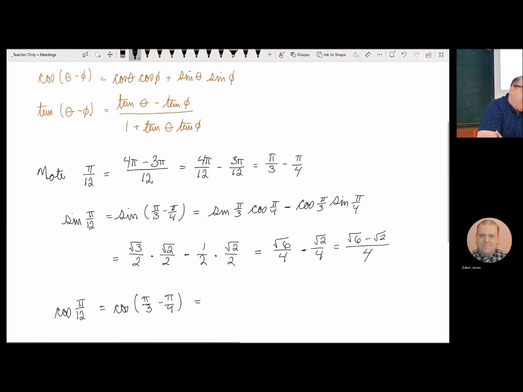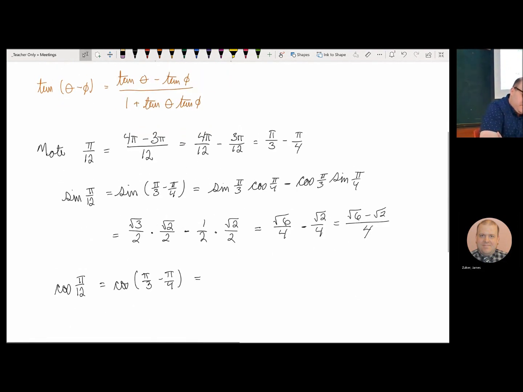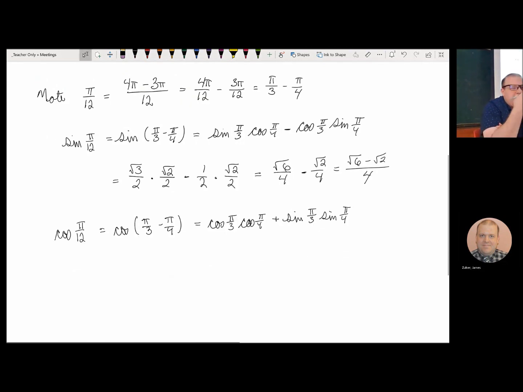So using the cosine difference identity: cosine of pi over 3 times cosine of pi over 4 plus sine of pi over 3 times sine of pi over 4. Cosine of pi over 3, we already said was a half.